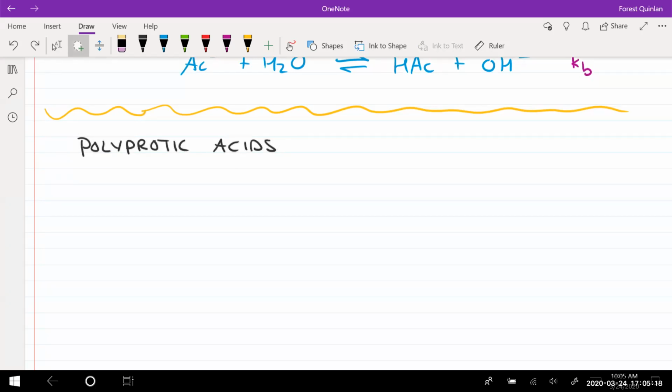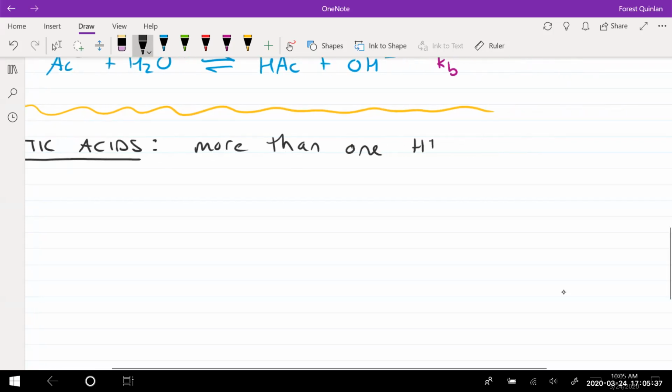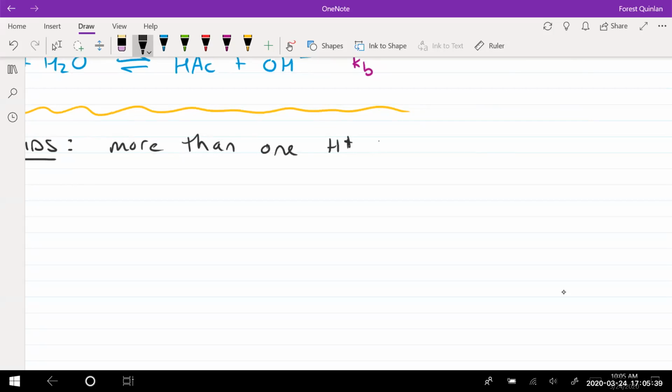So polyprotic acids, as the name implies, we are now dealing with more than one proton, more than one H plus.